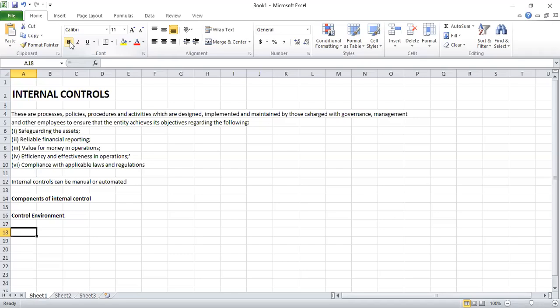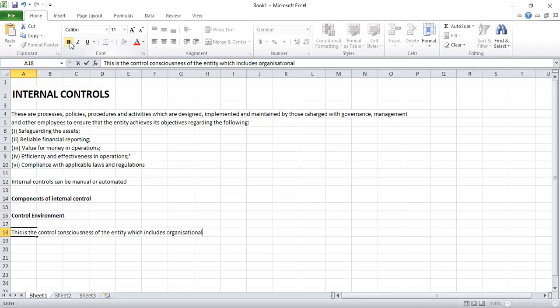Right. So when we talk about the control environment, this is the control consciousness of the entity, which includes organizational structure, management's attitudes, and awareness towards internal controls.